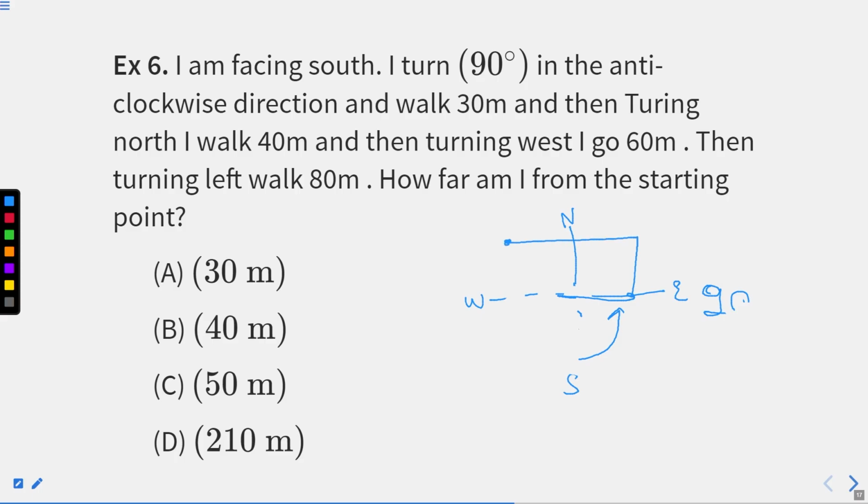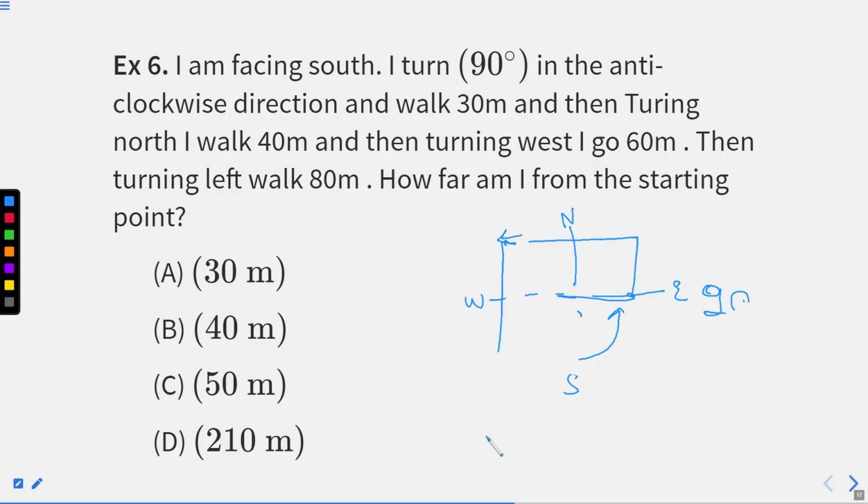Then you suddenly find yourself in the northwest direction, right? And then turning to left, as soon as you are facing this direction, your left will be downward towards the south and you will move 80 meters. Then you will cross the east-west line as well and you will move to the southern part, right here itself.